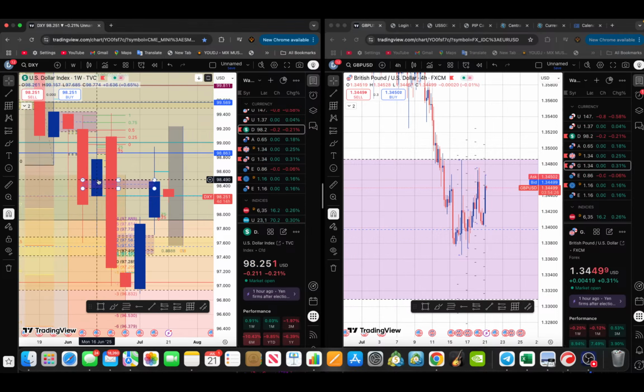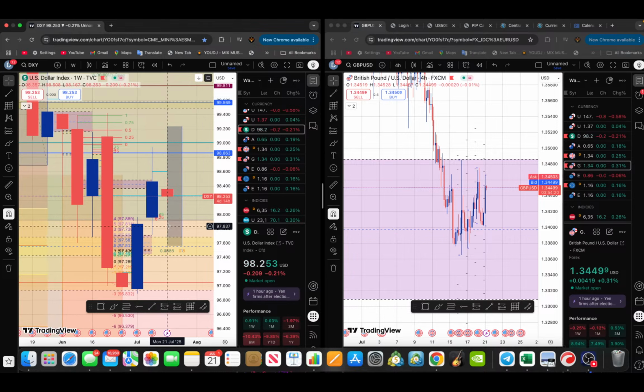Rejected the mean threshold of the order block, potentially going lower. There's a fair value gap here, so we may see this used as an inverted fair value gap at some point down the line. So this week takes it down into there, next week comes back up, potentially respecting the order block and then continuing lower.